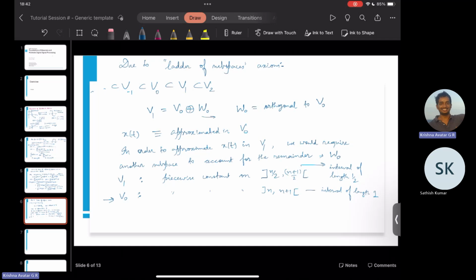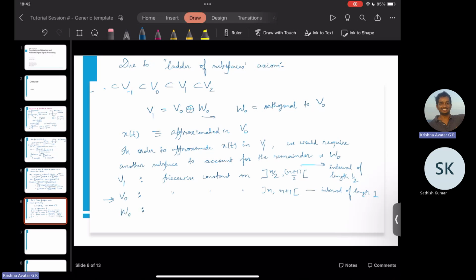If you want to approximate the same function at a slightly finer detail, we take it to V1, where the signal will be piecewise constant on half intervals. We'll discuss this in the next slide.